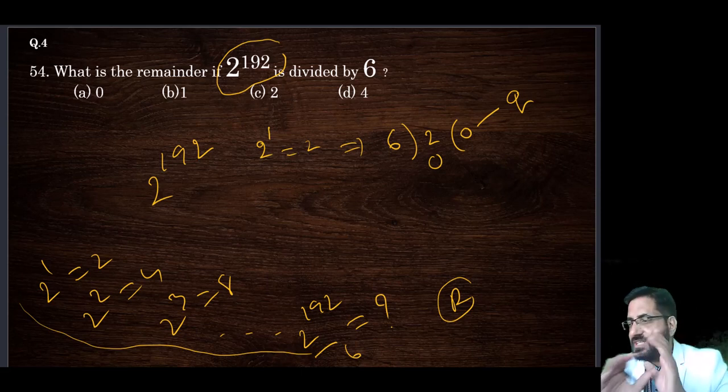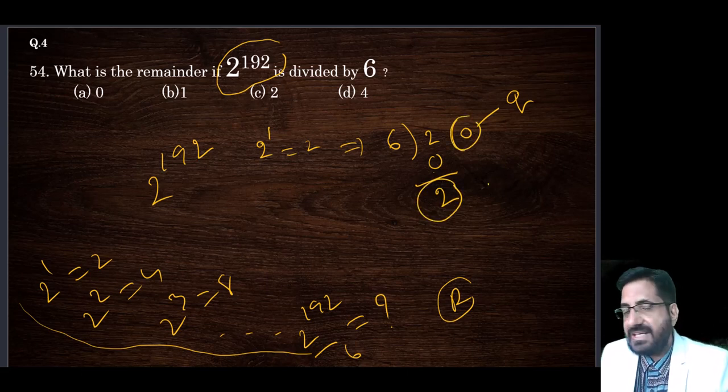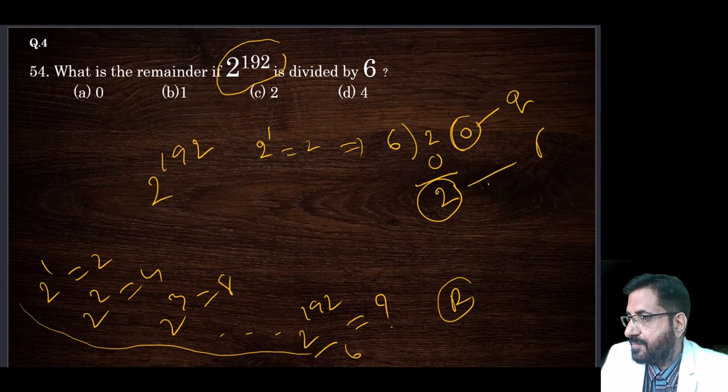So, 0 means nothing. 6 into 0, nothing. So, 2 minus 0 will be 2 only. So, quotient is 0, whereas remainder is 2. So, when I divide 2 raised to 1, I am getting remainder as 2.